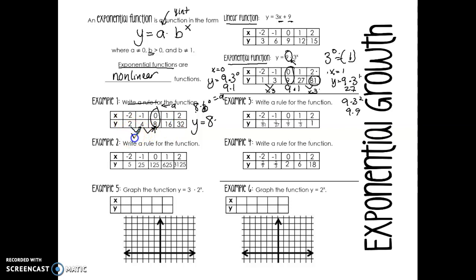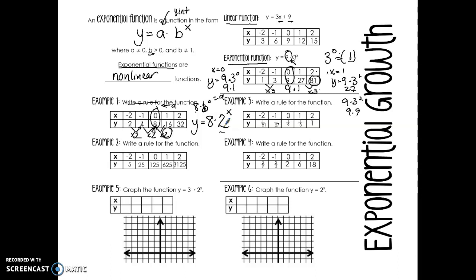When you look at the pattern, you can see 2 times 2 is 4, 4 times 2 is 8, 8 times 2 is 16. This is the base. This is what you've multiplied your initial a by every time. So the equation is going to be 8 times 2 to the power of x. Remember the idea that the exponent is only what is directly beside here. The base is going to be 2.